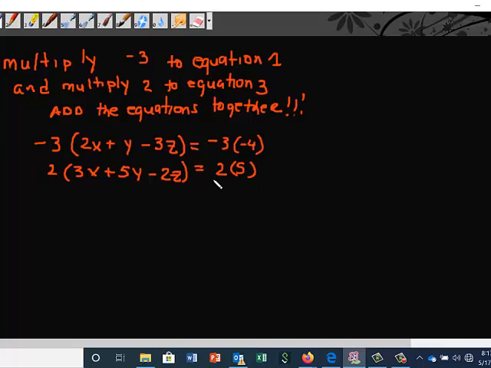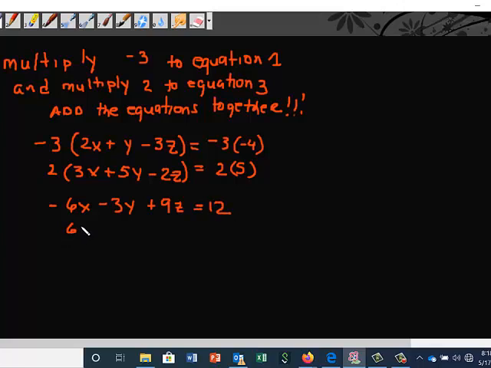Now, we're going to perform the distributive property over addition and some of it over subtraction and get our simplified expressions, and then do any other further simplification where necessary. So after distributing, this will become -6x minus 3y plus 9z is equal to 12.